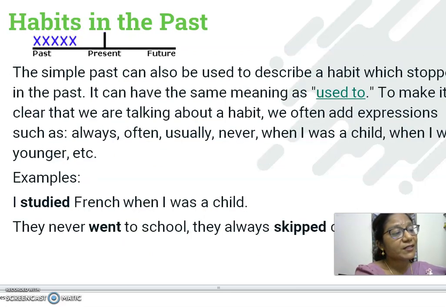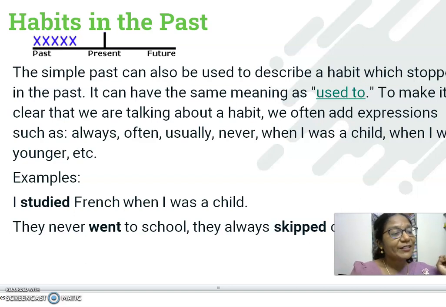And the next use, habits in the past. The past tense can also be used to describe a habit which stopped in the past. It can have the same meaning as used to. To make it clear that we are talking about a habit, we often add expressions such as always, often, usually, never, when he was a child, when he was younger.